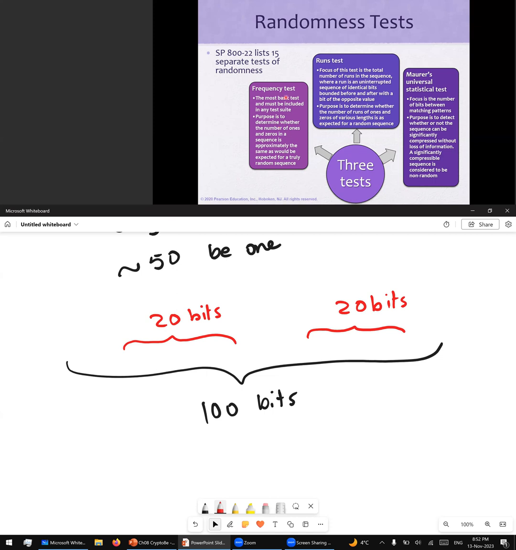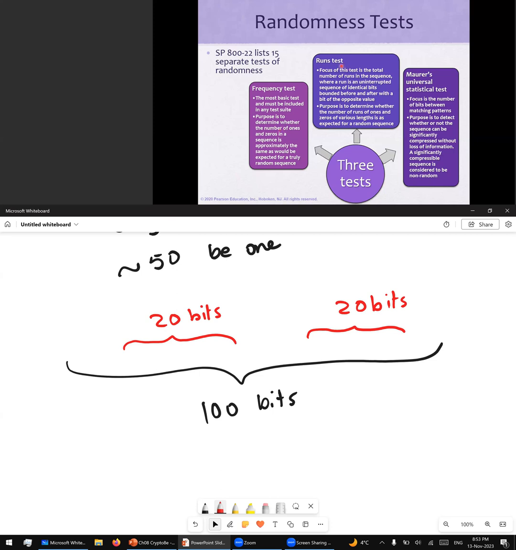The first one is the frequency test, which relates to uniformity. The purpose here is to determine that the numbers of zeros and ones are approximately the same. They won't always be exactly 50%, but close to 50%, or as close as we can get, is what we're looking for.